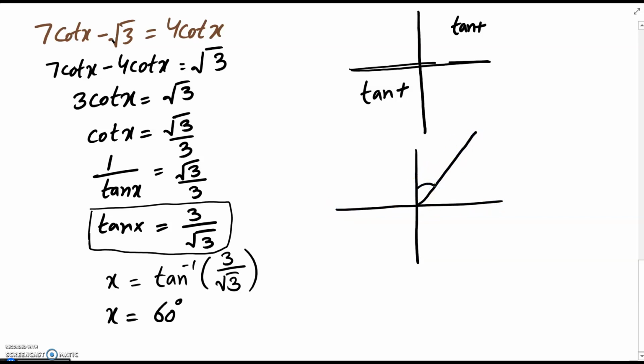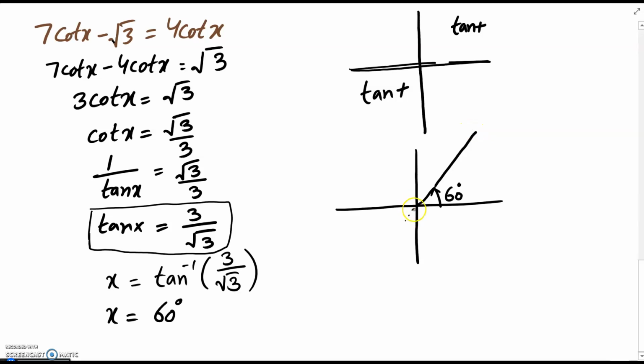Oh, sorry. Not this one. This is your 60 degrees, approximately 60 degrees here. Okay, now where is the second value of tan x? Reflection of this one.